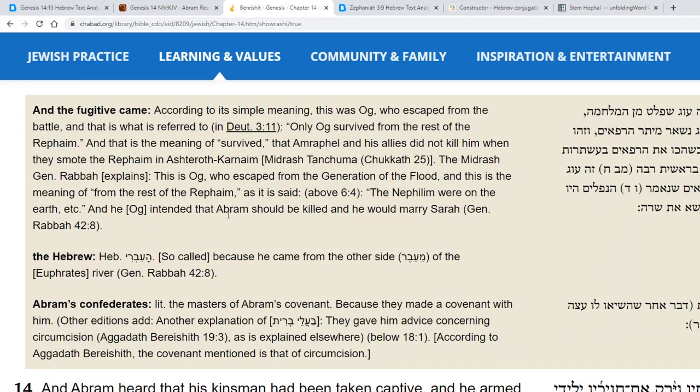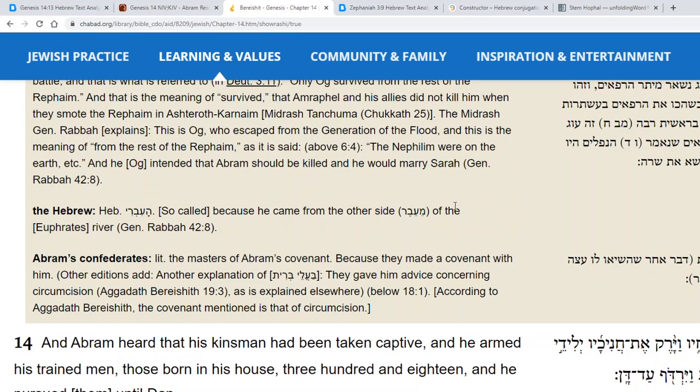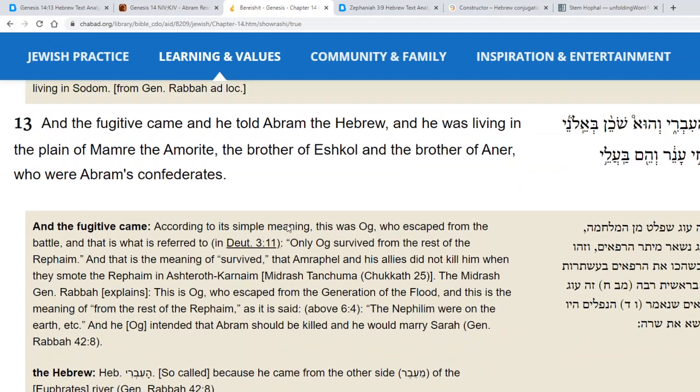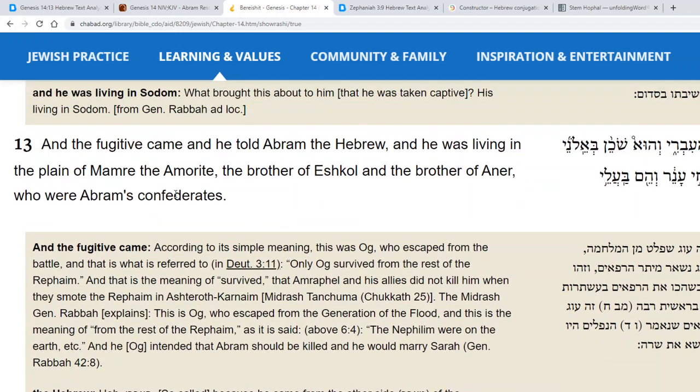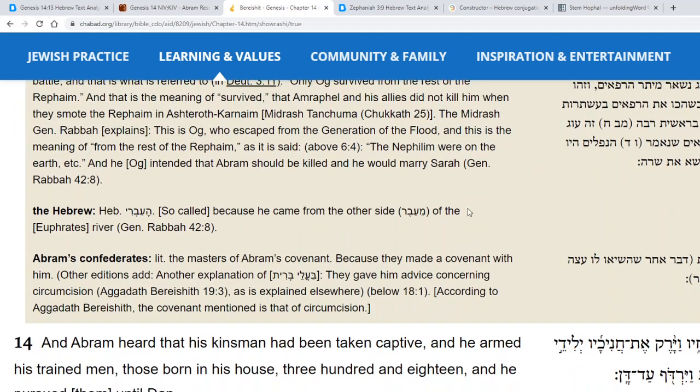Let's see what Rashi says. Ha Ivri. So he's saying because he originally came from the other side of the river, the Euphrates River. Ba'alei Brit Avram, what Rashi says, literally the masters of Abram's covenant, because they made a covenant with him.